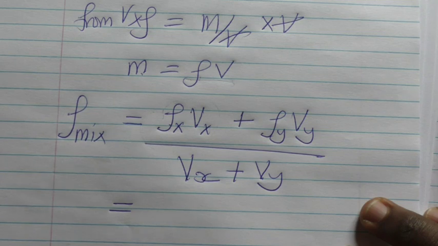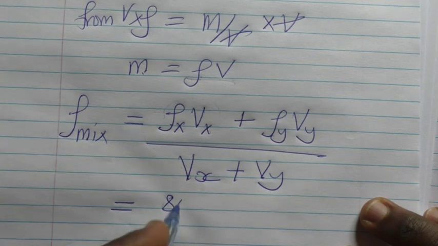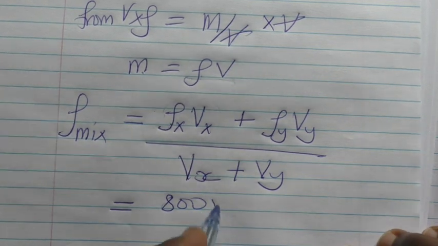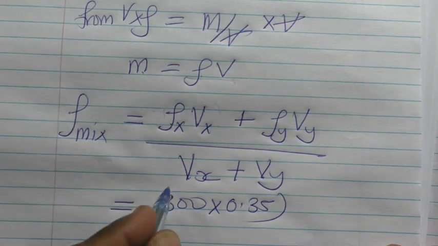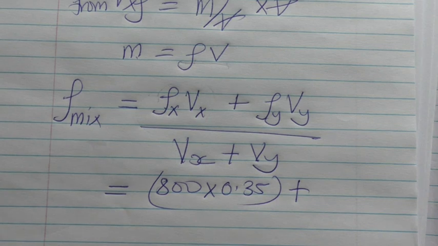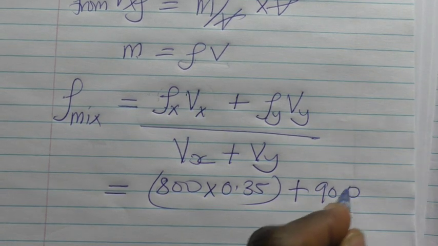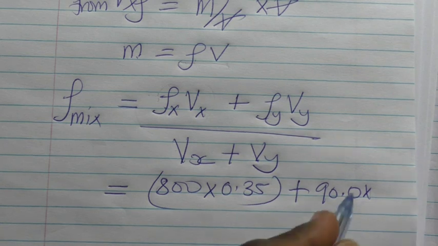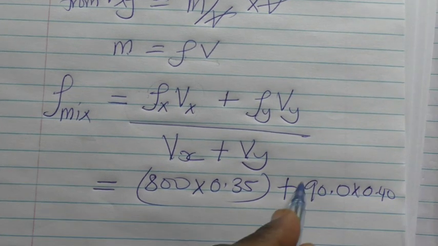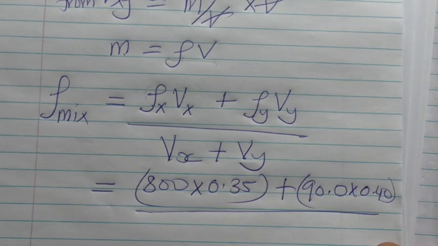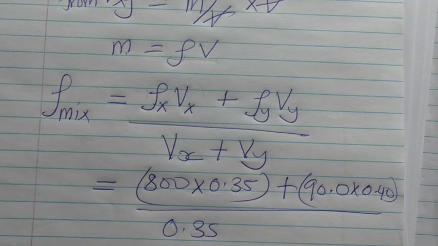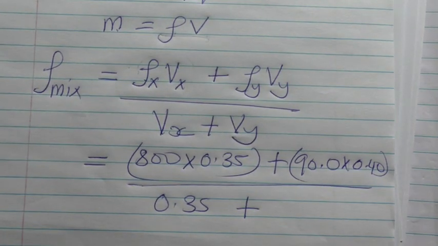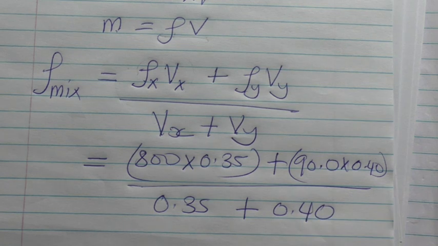So the density of x is given as 800 times its volume, which is 0.35, plus the density of y, which is 90.0, times its volume, which is 0.40, over the volume of x, which is 0.35, plus the volume of y, which is 0.40.